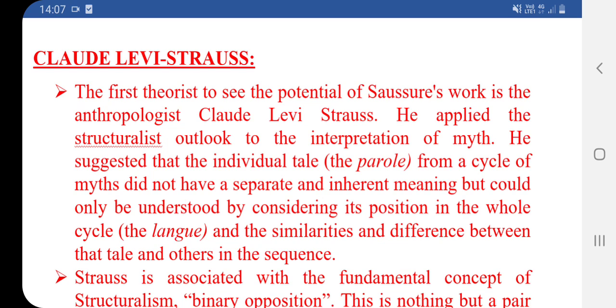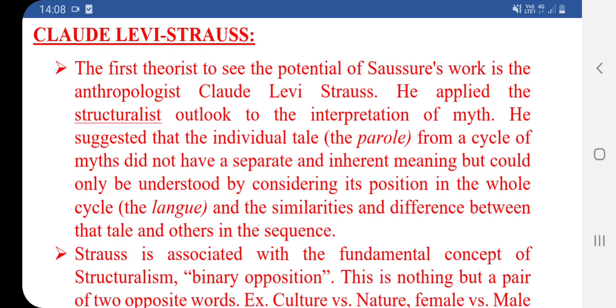Now, as we all know, Saussure is a Swiss linguist who propounded his concepts in the field of linguistics. But here Levi Strauss applied it in the field of myths.